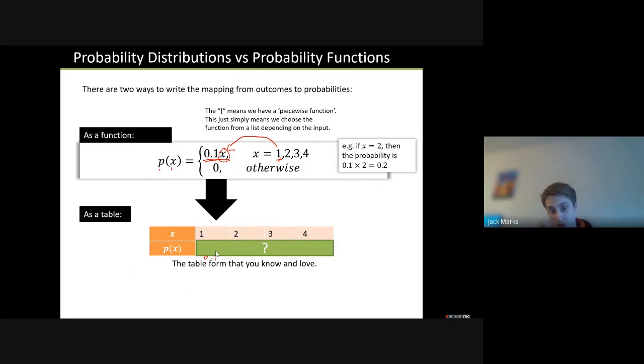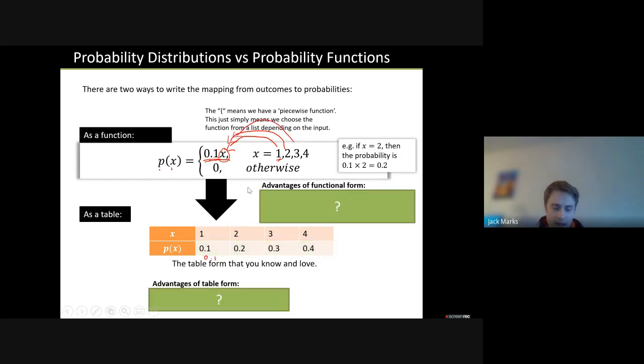So you use the algebra, you use the function to make the probability. What about when it's 2? For that one, you would substitute 2 in. And for 3, you'd substitute in 3, and so on, and you'd end up with these probabilities here.